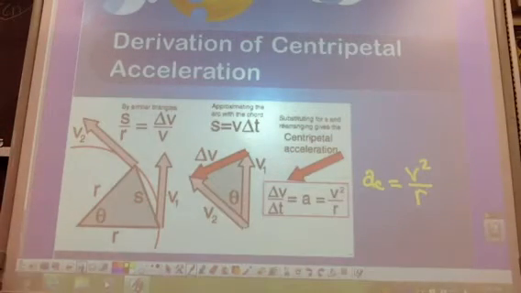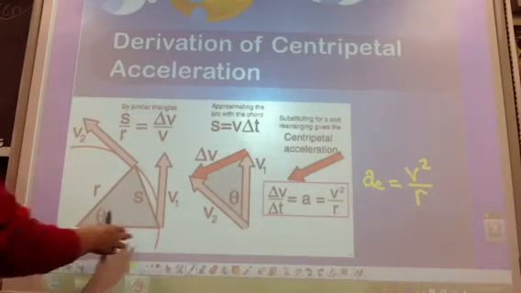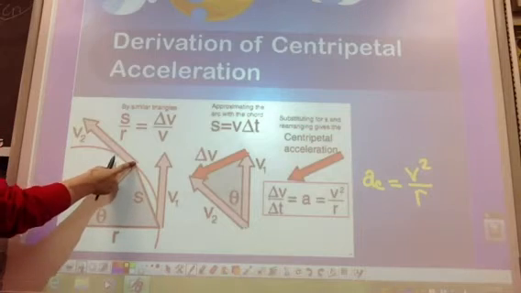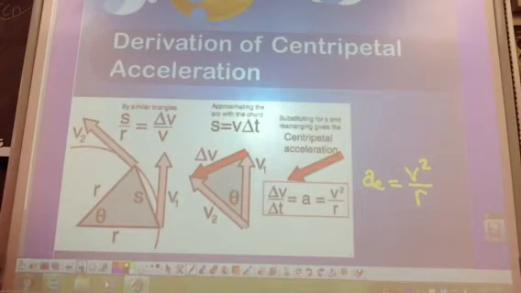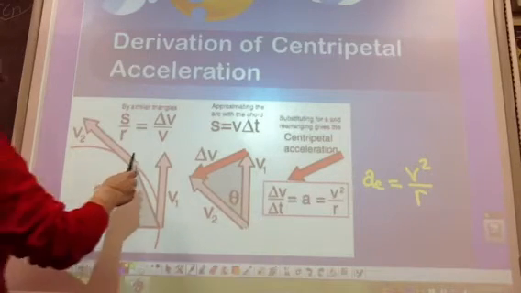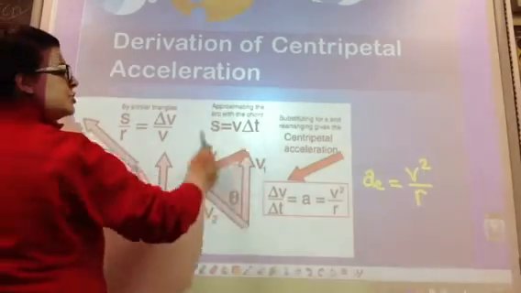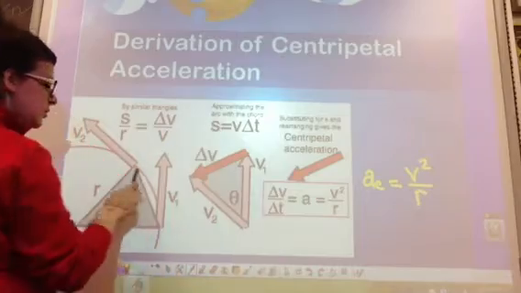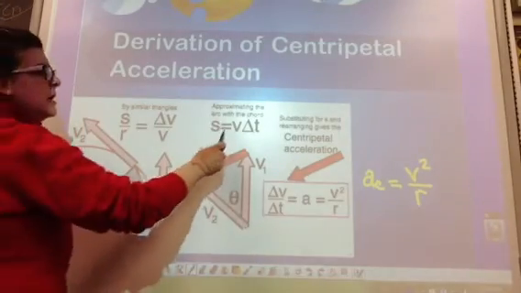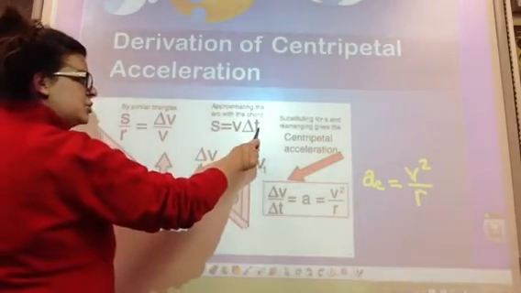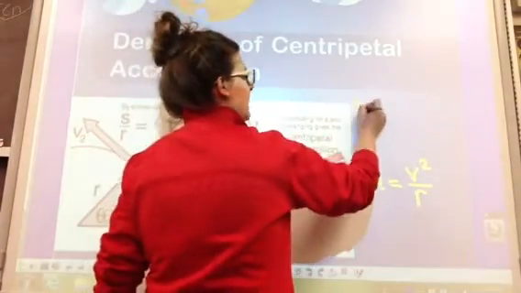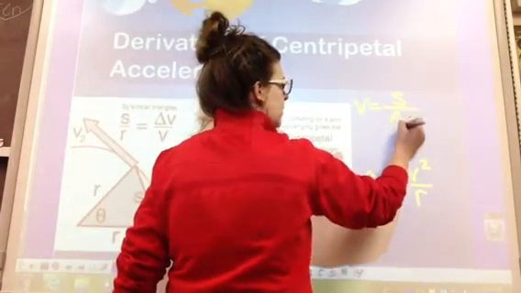Now, I know that this S is ultimately just a displacement. I started from one position, I ended up at this second position. And we know that velocity is equal to that displacement over change in time. So before we could have said V was equal to S over t.